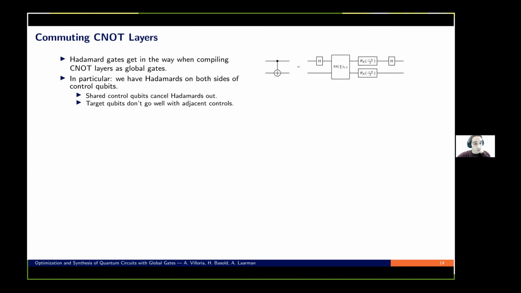So we can see that if we take, in a CNOT layer, the set of qubits that act as controls and the set of qubits that act as targets, and these two sets are disjoint, this means that we can take this layer of CNOTs and always compile it with one global gate.